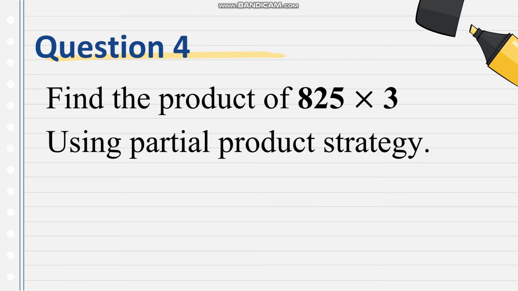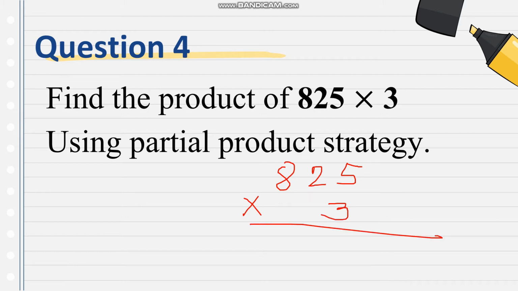So it's the same thing. We just simply multiply 825 multiplied by 3 and let's apply the partial product. So this must be 800, this is 20, and this is 5. So 3 multiplied by 5 is 15. Then 3 multiplied by 20, that is 60. Then 3 multiplied by 800 is 2,400.